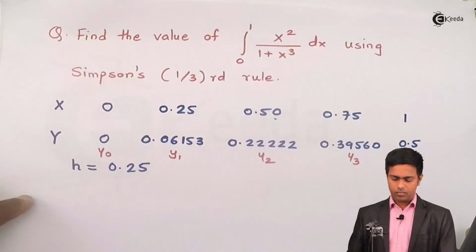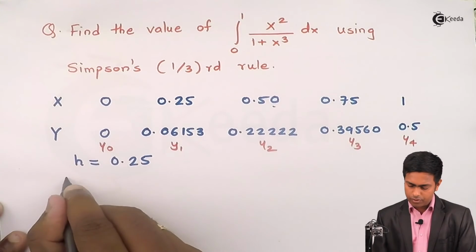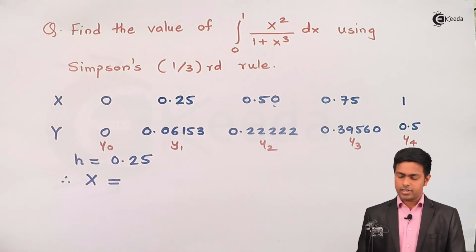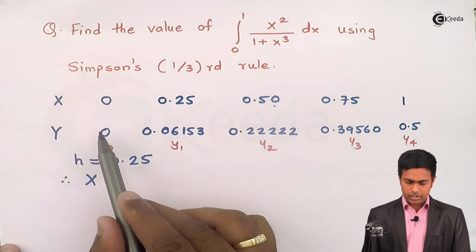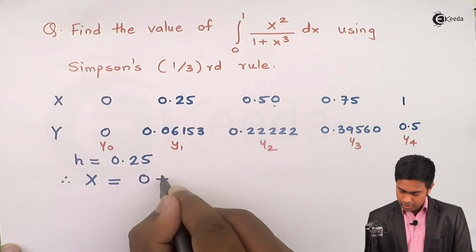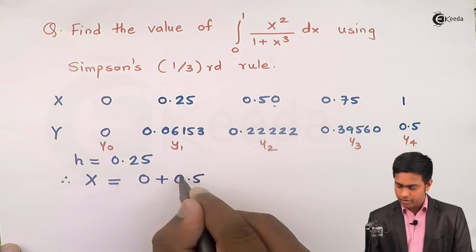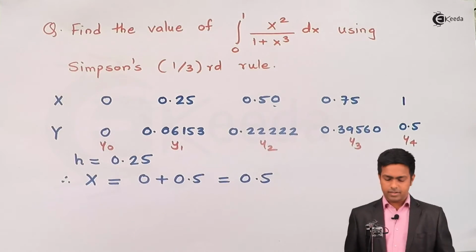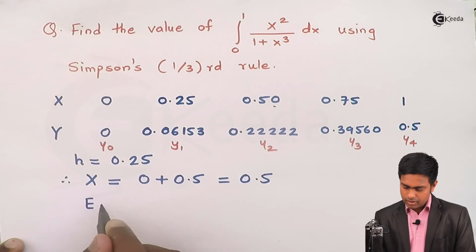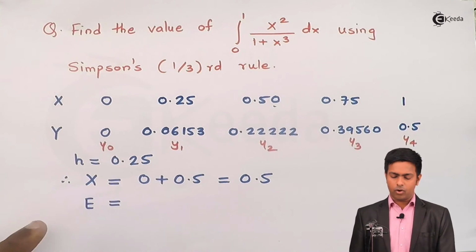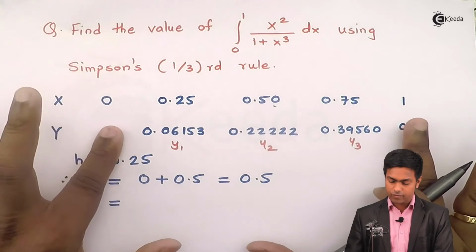Therefore X is equal to the sum of extreme ordinates. The extreme ordinates are 0 and 0.5. So that will be 0 plus 0.5, and that is 0.5. Next, E is the sum of even ordinates. I've already considered y0 and y4.